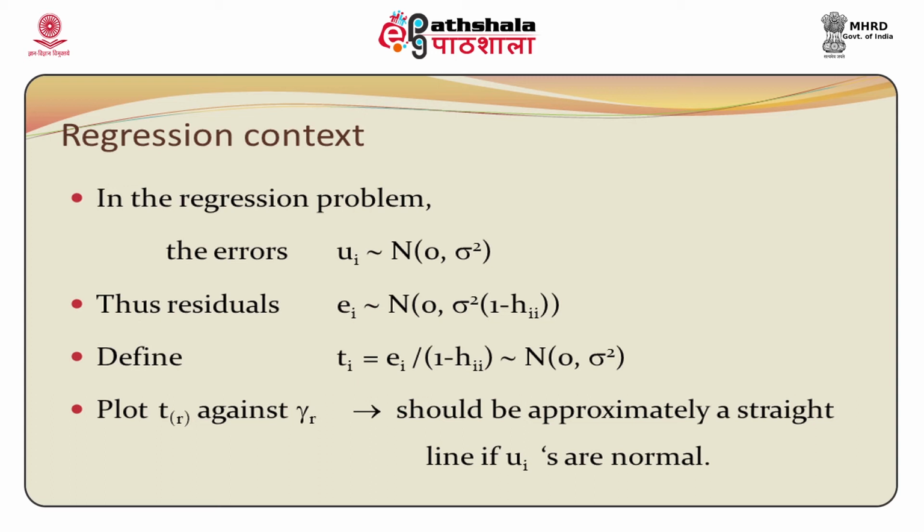If you divide by sigma, you have a standard normal distribution, but then the sigma needs to be estimated by the sample standard deviation. And then you plot the ordered value of the t_i against gamma r, and if this comes out as a straight line, then you can say that the e_i and hence the epsilons are normal.